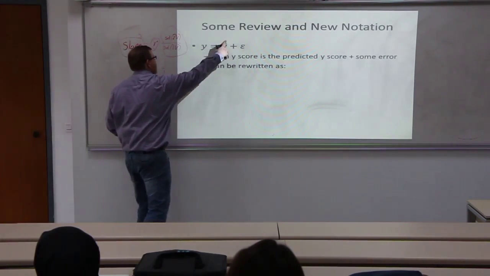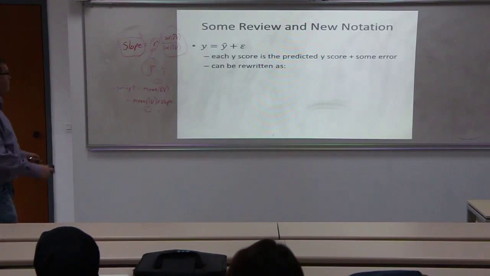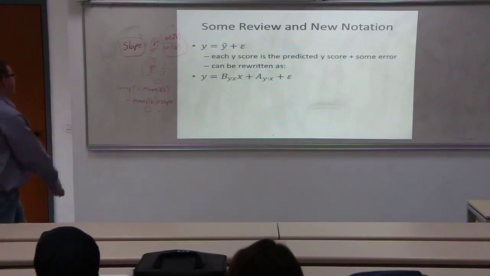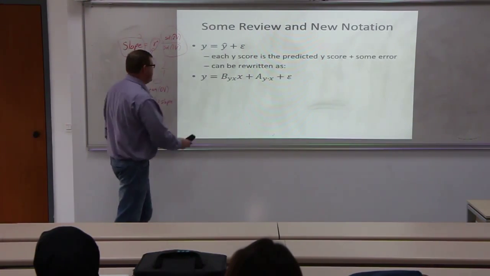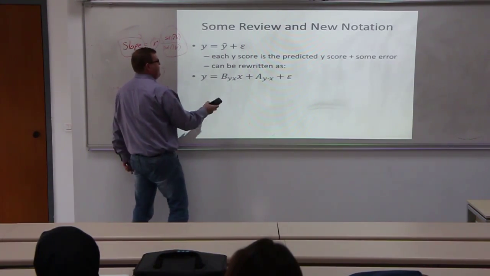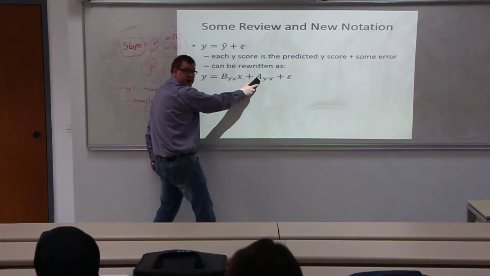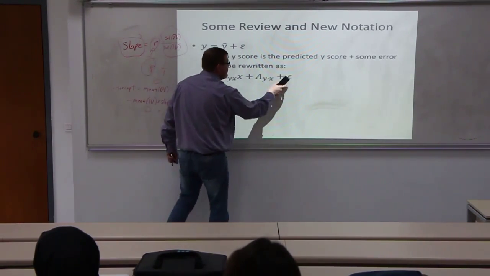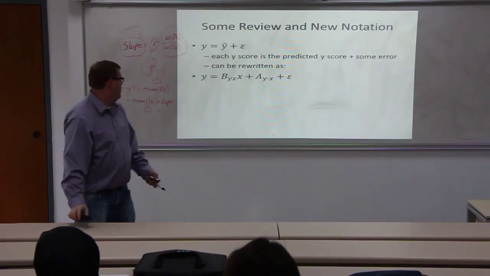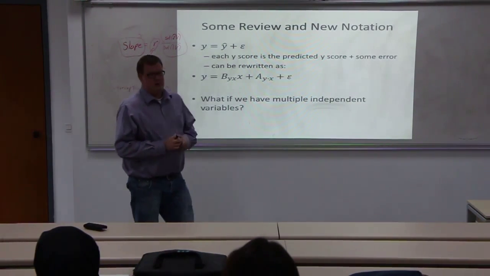We had a formula for our predicted scores on the previous page. So we can say y, the scores that we actually observed, not our predictions, are the predicted scores, that's this, right? The slope times the actual x scores that we observed, plus the intercept, plus some error. No big deal. Now what if I have multiple independent variables?